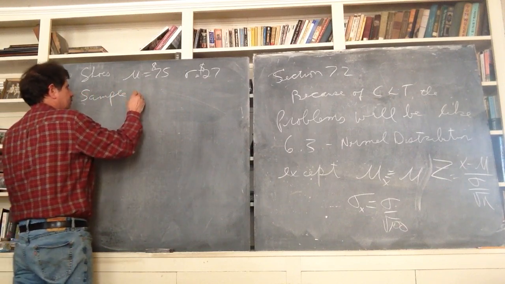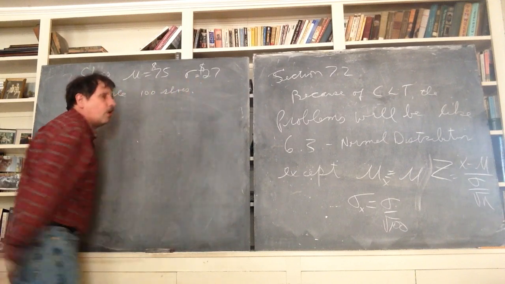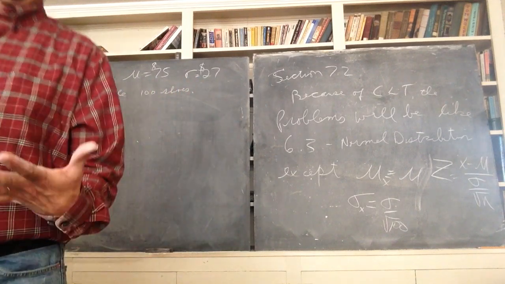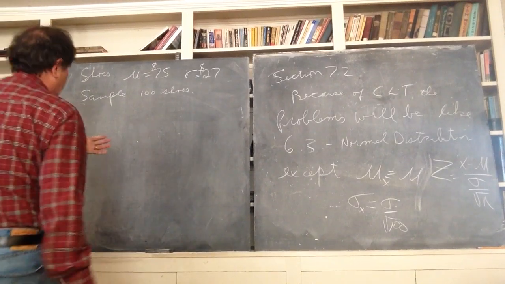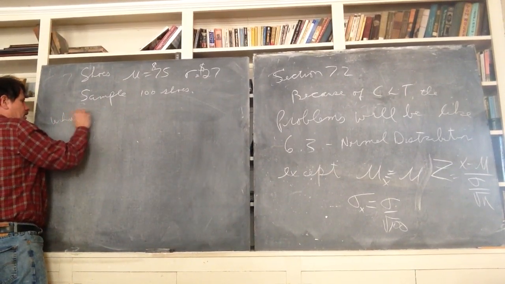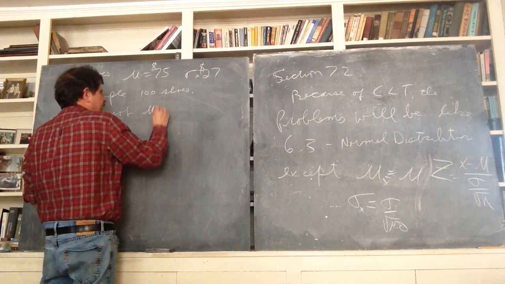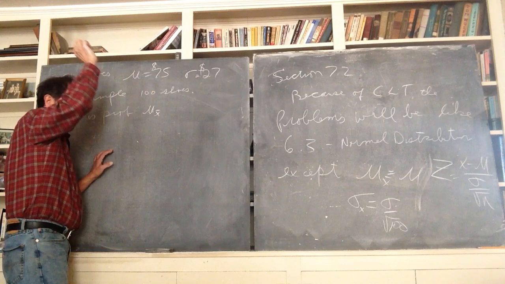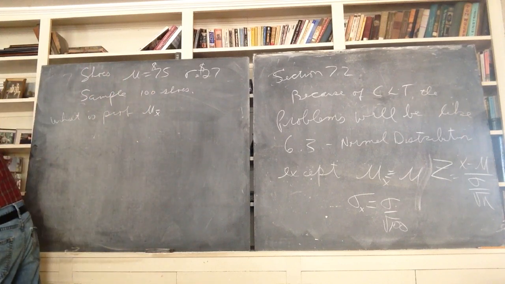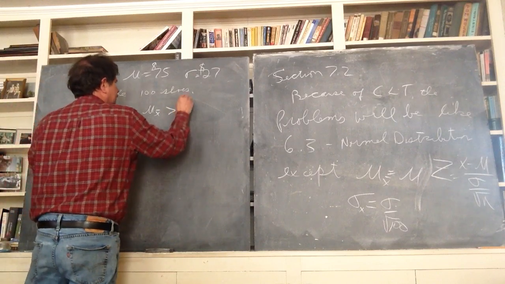So we pick 100 shoes, and all we're going to do now is ask normal curve probability questions about these 100 shoes. What is the probability that the mean for these 100 shoes is greater than $81?